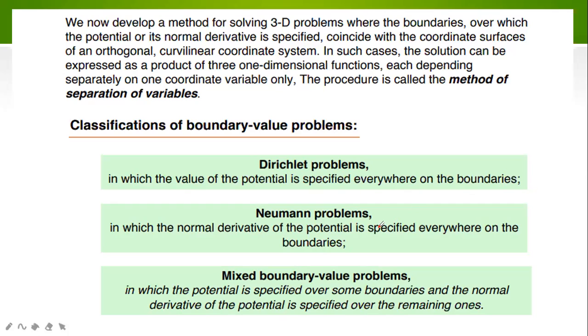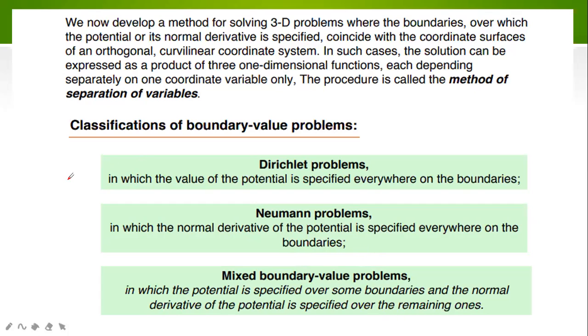The second one is the Neumann problem. These are scientists' names: Neumann and Dirichlet were two scientists. What are Neumann problems? In these, the normal derivative of potential is specified everywhere on the boundaries. The normal derivative means the perpendicular part: the potential has some derivative, and we calculate the perpendicular part of the derivative for those boundary conditions.